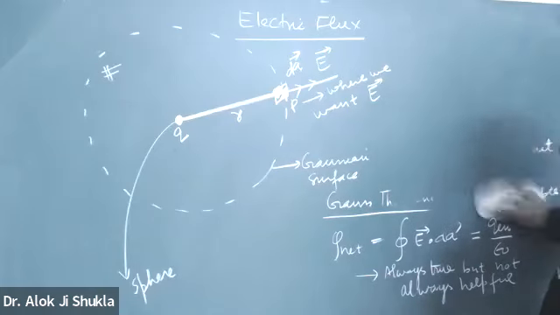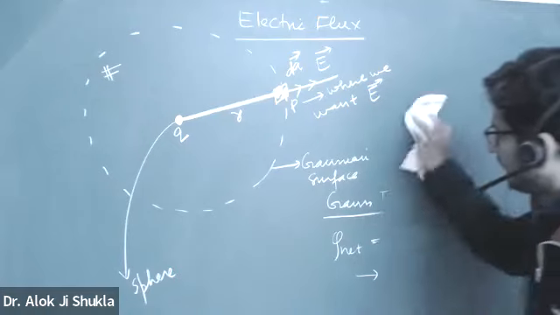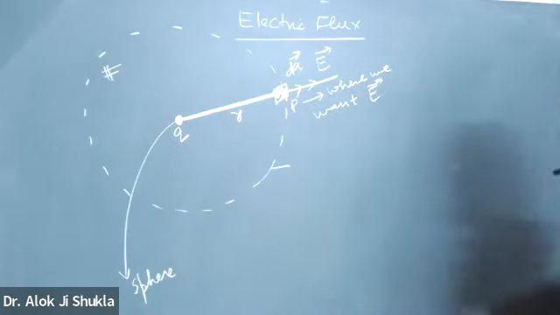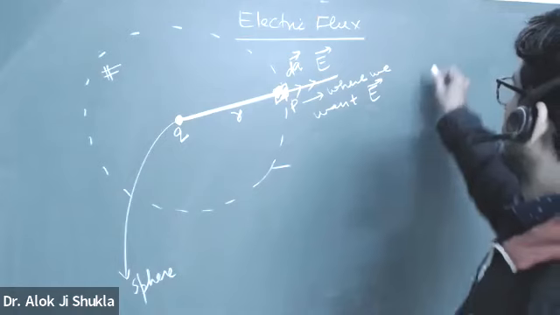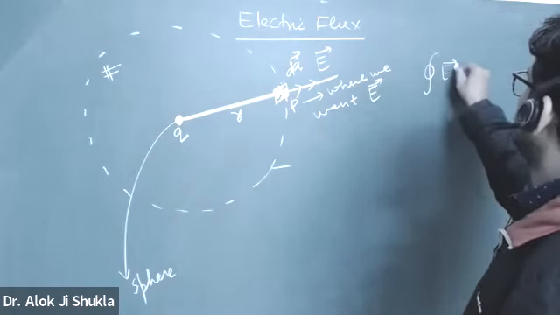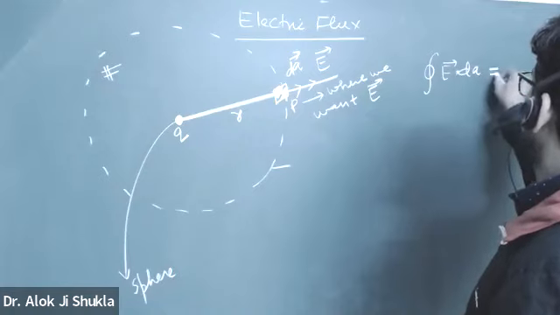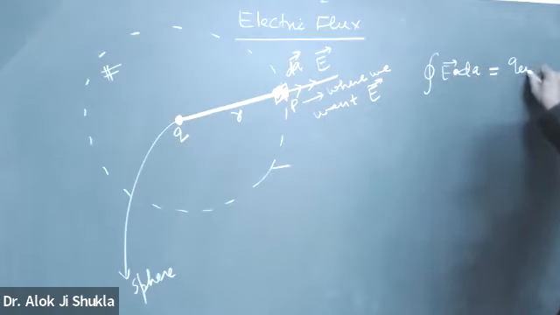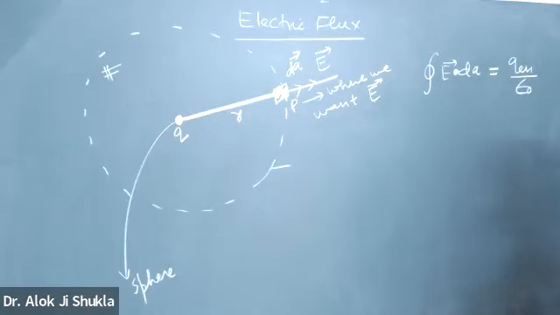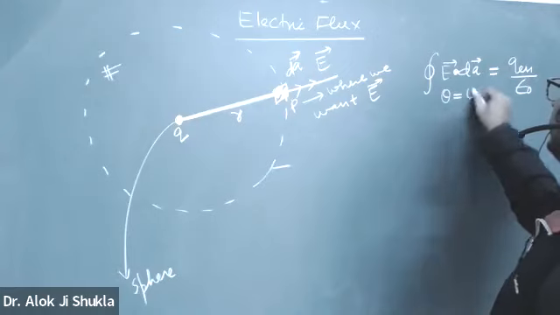So what will happen? We will write the Gauss theorem, integration E dot dA is equal to Q enclosed over epsilon naught, and here theta is equal to 0.